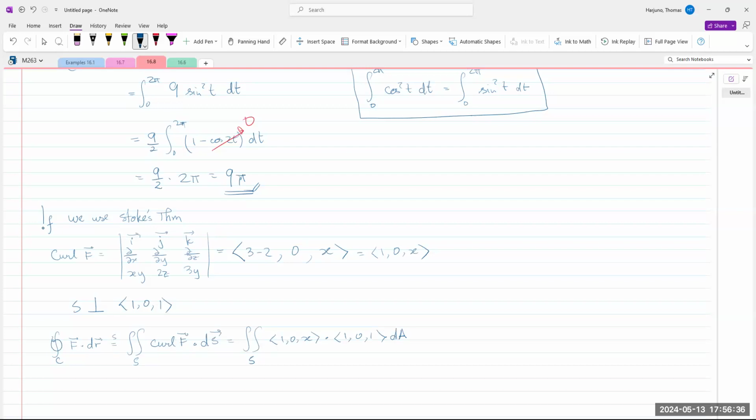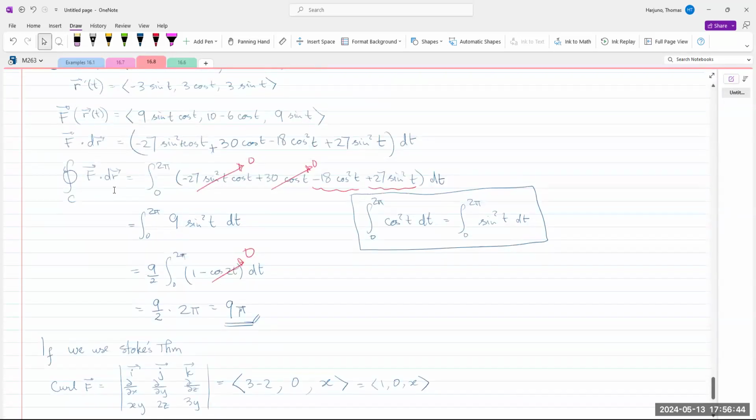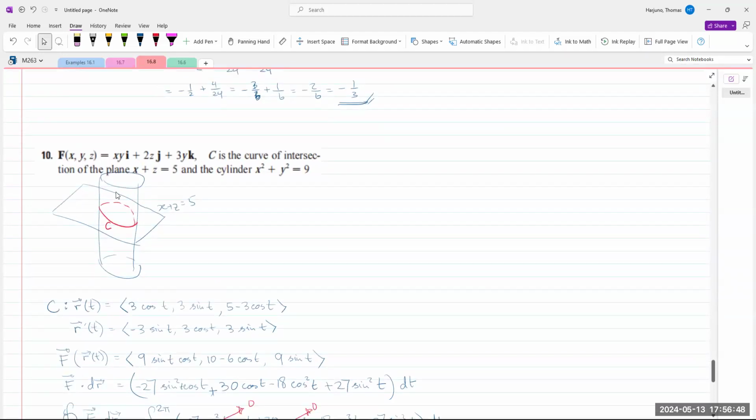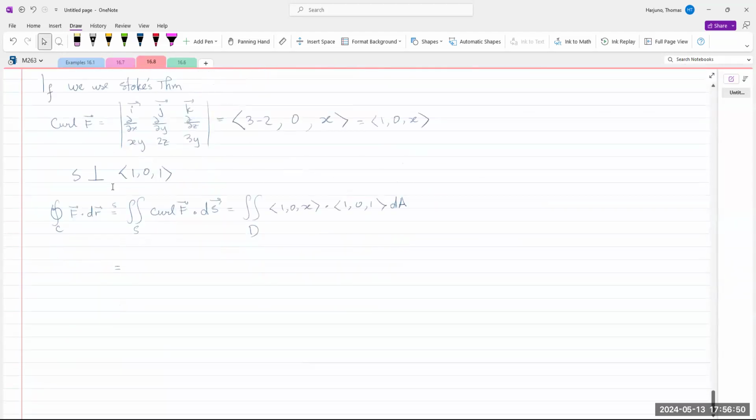But if I do 1, 0, 1 dA, then it will be a disk already, with radius 3, right? Let's write it nicer first. That will be 1 plus x dA.